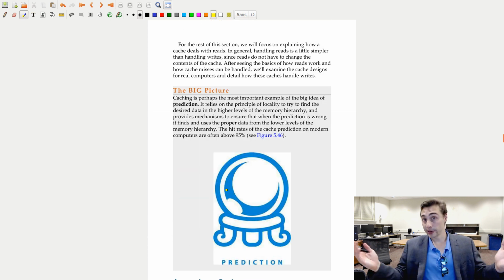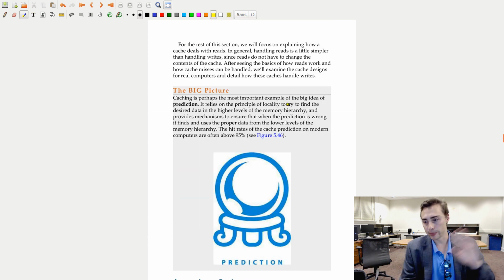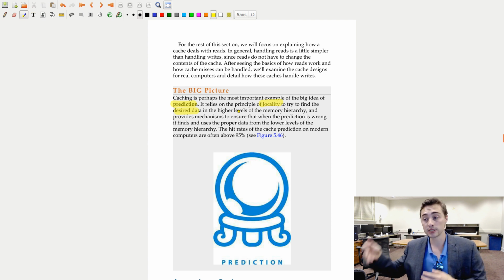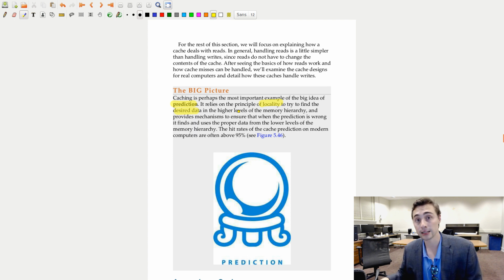So what's the big picture when we're talking about this basic knowledge of caches? Caching is perhaps the most important example of the big idea of prediction. It relies on the principle of locality to try and find the desired data. We're predicting the values we're going to need next, based upon temporal locality: if we use something, we're probably going to use it again soon.